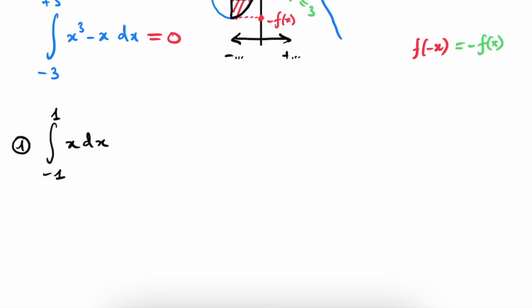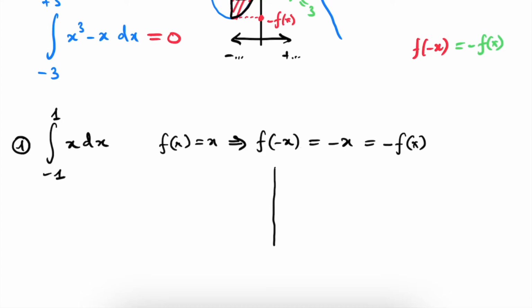And therefore we have to determine whether f of x is equal to x is an odd function. And this is very easily done, because if we fill in f of minus x, meaning replacing all of the x's with minus x, we get minus x. And this is of course minus f of x. So we are dealing with an odd function. And this can also easily be seen if we look at the graph of f of x is equal to x.